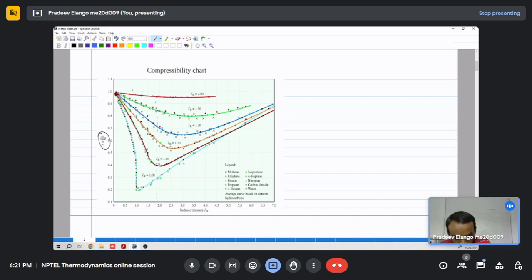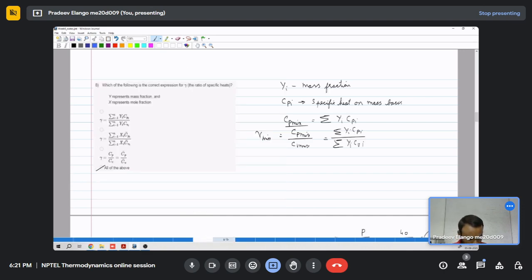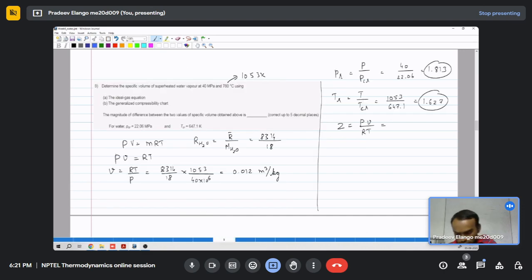This is 1.5 and 1.6 could be somewhere here. So we can take a value of 0.88. So we write it as 0.88.